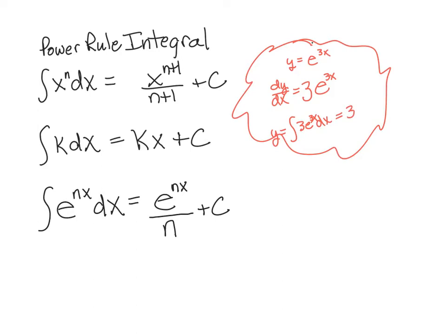He's going along for the ride. I copy the e to the 3x, and I divide by the 3. You see how the 3's will cancel, and we get the e to the 3x that we started with way up here at the top. You see that? So that's why you have to divide by the n.